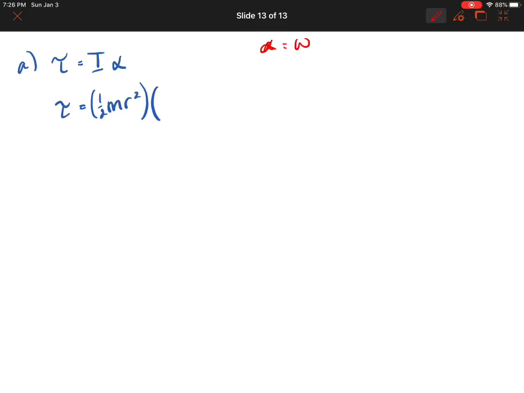Alpha is equal to change in speed, so final minus initial divided by time. We have that, right? We have final and initial rotational velocity. We have time. So we're going to be able to find that pretty easily, okay? So you can find that first, or if you're like me, you can just do it all in one go. And that's what I'm going to do.